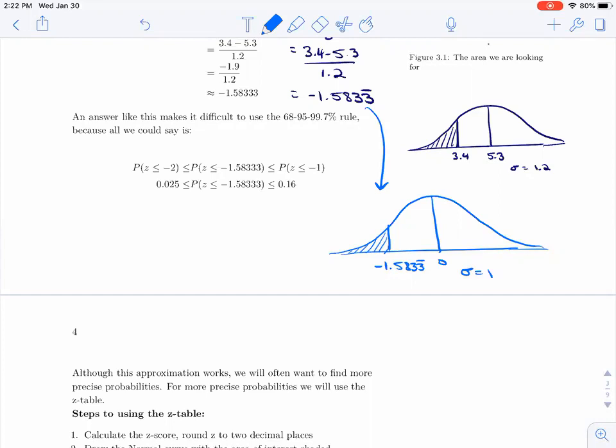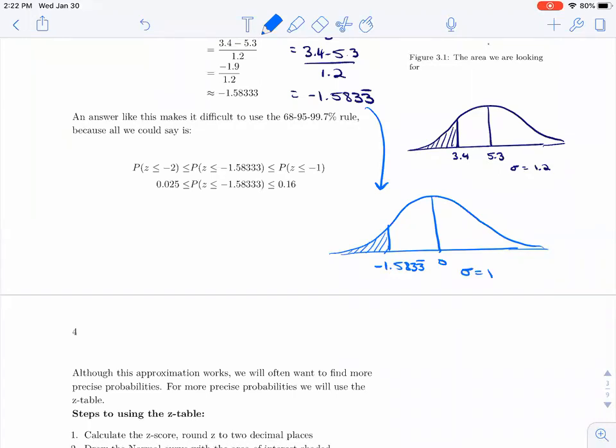This is where we run into problems with the 68, 95, 99.7 rule, because we can use that to approximate the area, right? We can use it to approximate this area because negative 1.583 is between negative 1 and negative 2. Right?